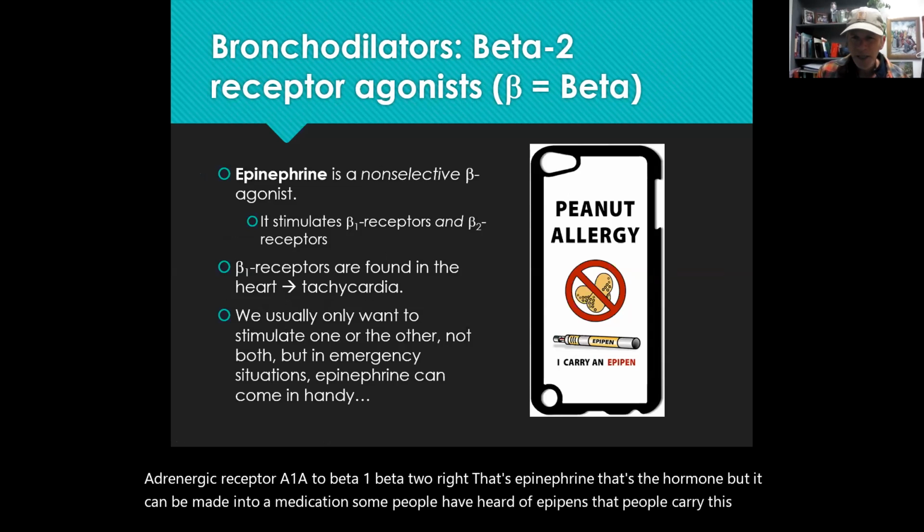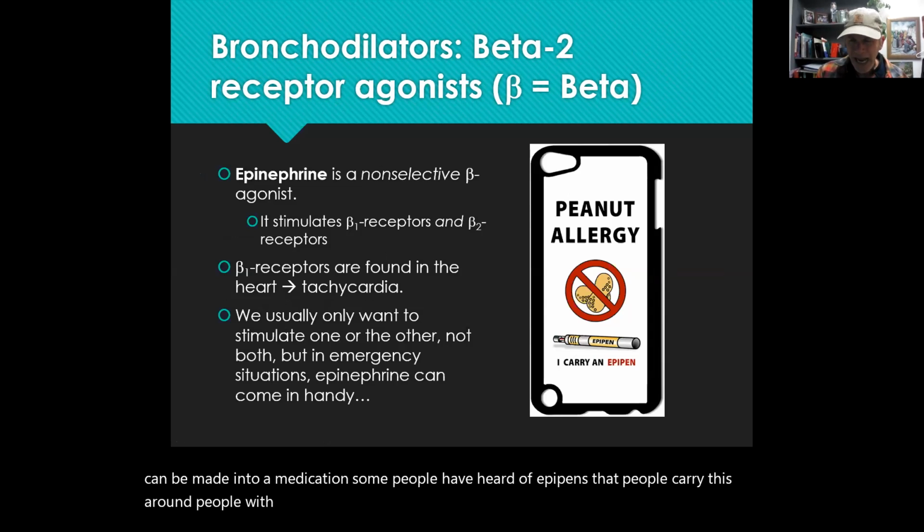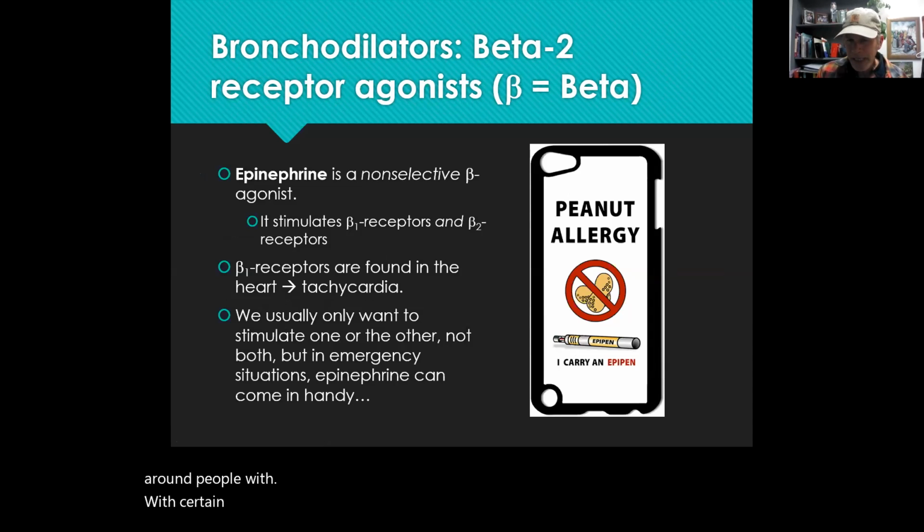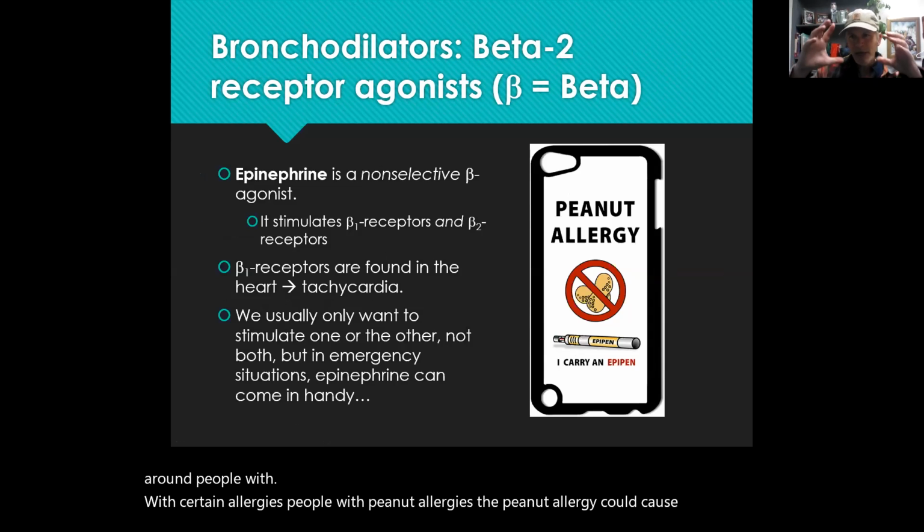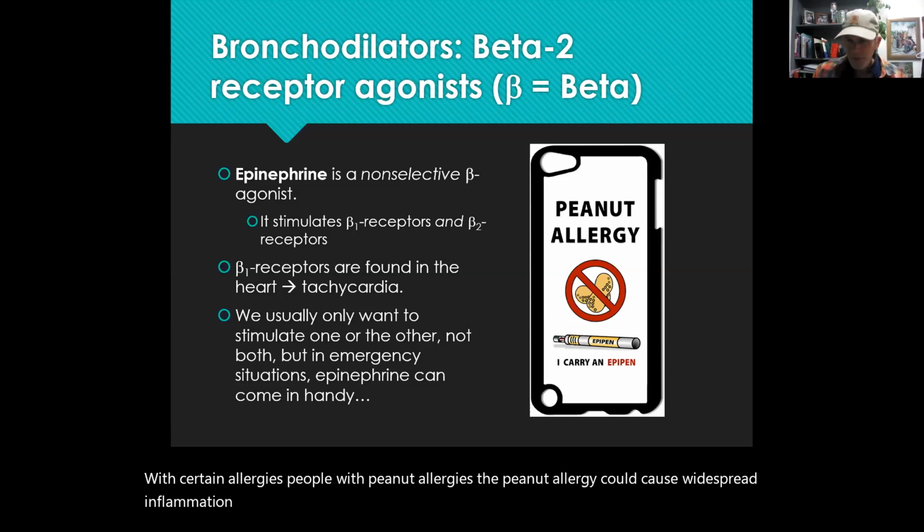People with certain allergies, people with peanut allergies. The peanut allergy could cause widespread inflammation, making the airways constrict. And if it's really severe, we call that anaphylaxis.